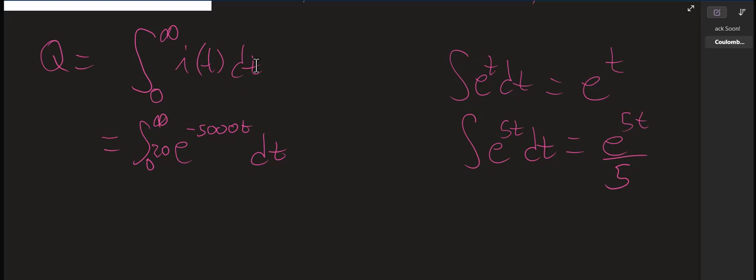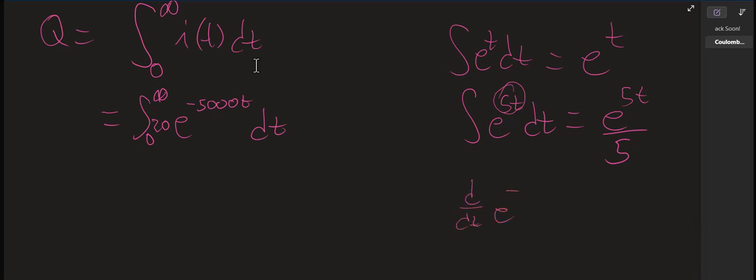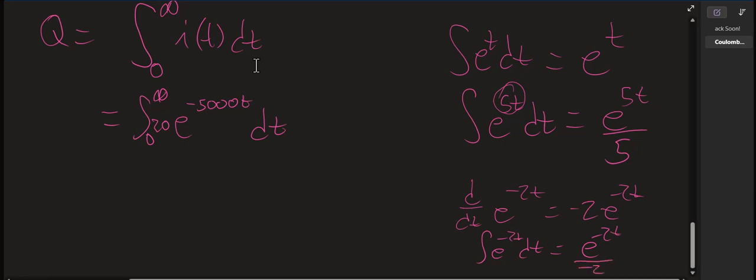But anytime the exponent is just linear, it's just going to be the coefficient in the denominator. If I take the derivative of e to the negative 2t, that's negative 2e to the negative 2t, and the integral of e to the negative 2t dt is e to the negative 2t over negative 2.